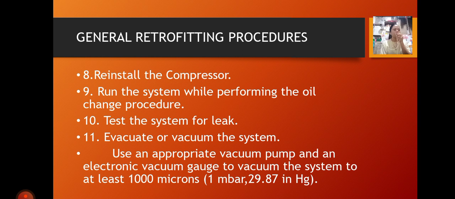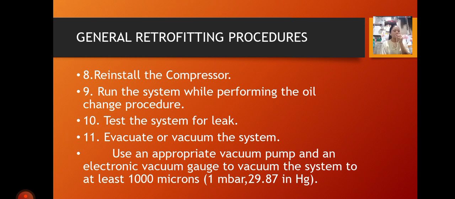So run the system as many times as necessary until the mineral oil in the system does not exceed the recommended 5% acceptable level. Generally, it will require about 3 charges to get the mineral oil content down to the acceptable level.